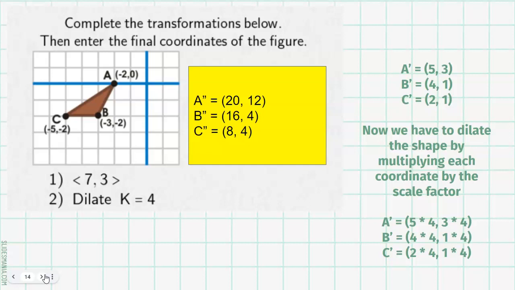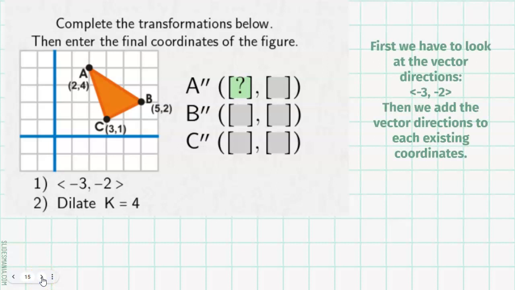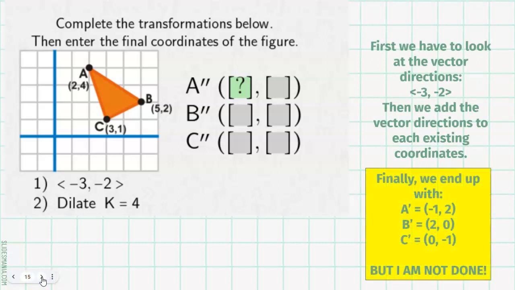Let me show you one more example. Here's my original shape. Here are my directions. So I'm going to take each point and I'm going to add the vector to them. So let me show you how I would do that. -3 and -2 have to be added to the existing coordinates.